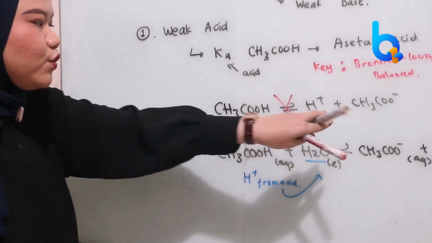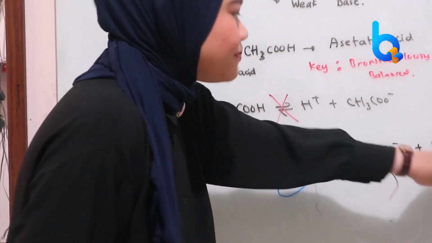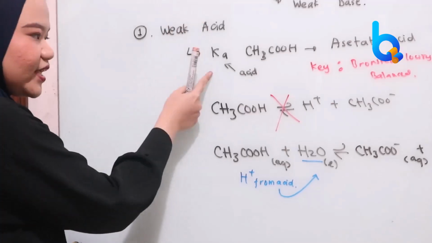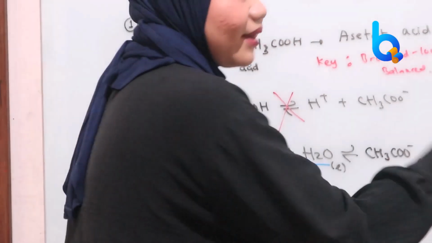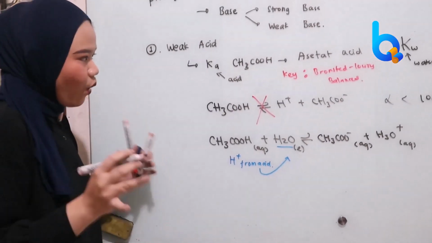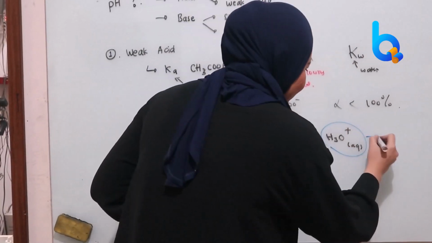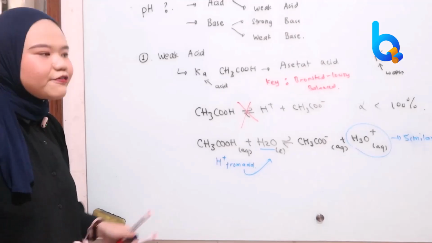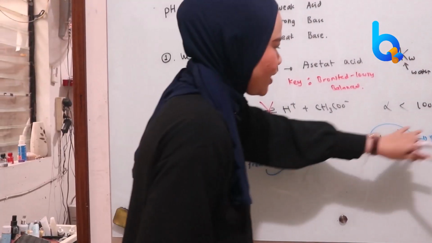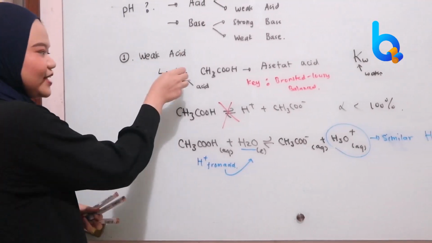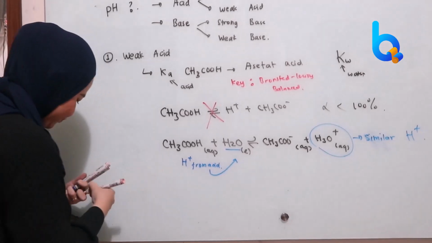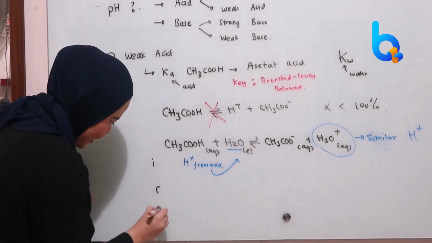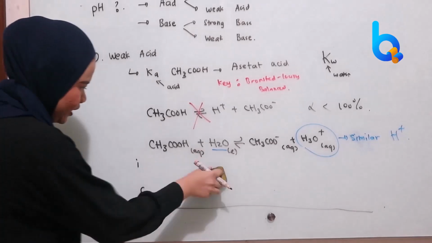Why can we not do it with the simple form? Why do we have to do it this way? Because they're weak acids, they have Ka, they use the Bronsted-Lowry concept. It's different, and we call H3O plus similar to H plus. The form is a little bit different, but it has the same meaning. H3O plus equals H plus.